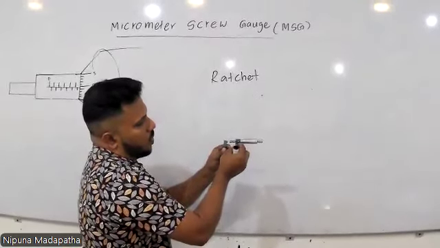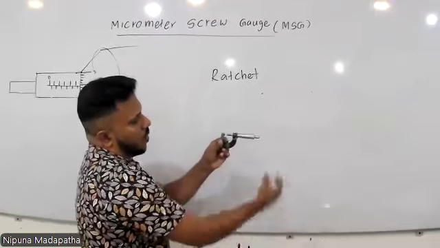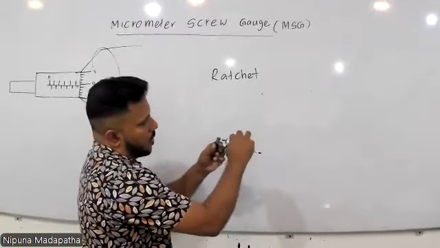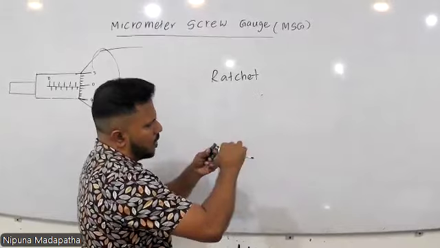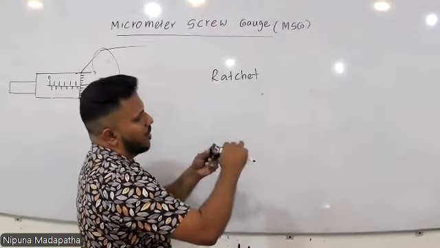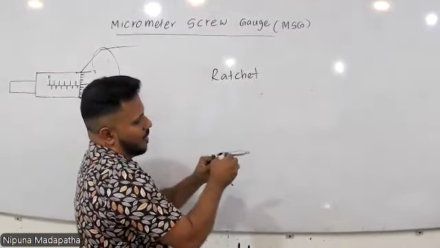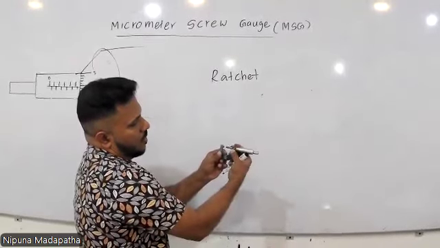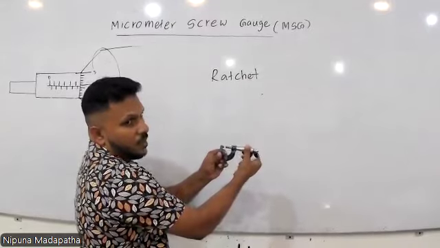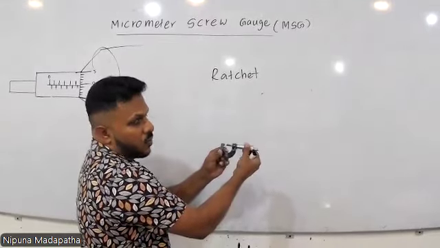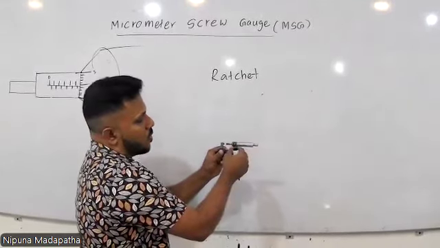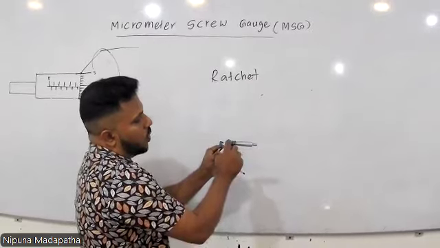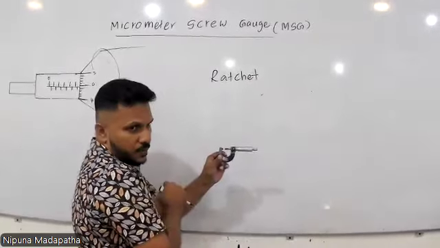Still you can move. I think the lock is not working. Okay, now it has locked. You cannot move it back. So we use this lock screw to lock the spindle.